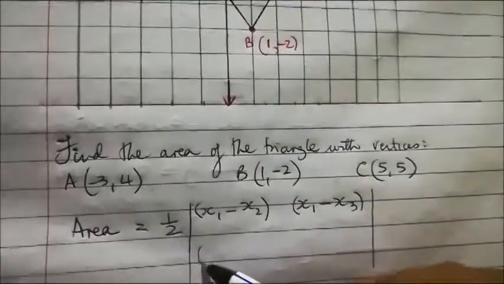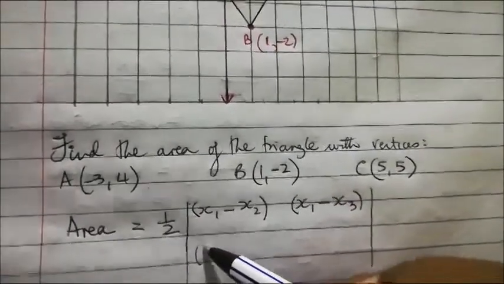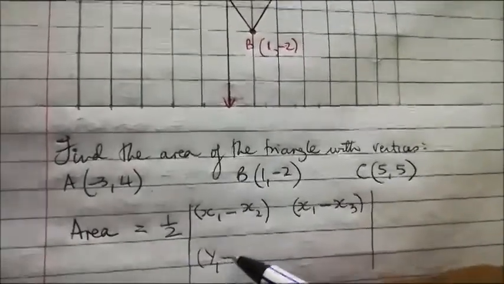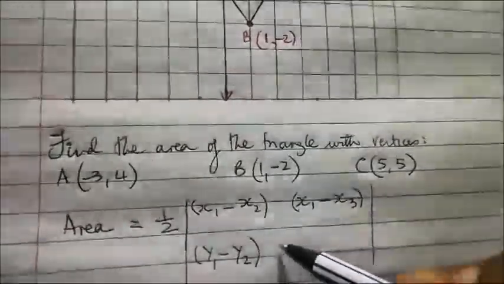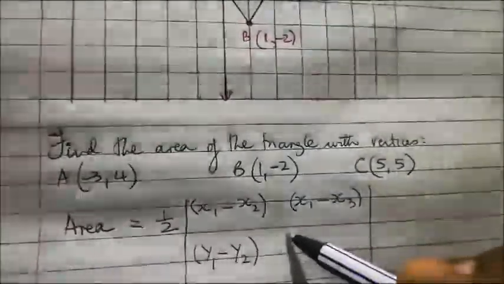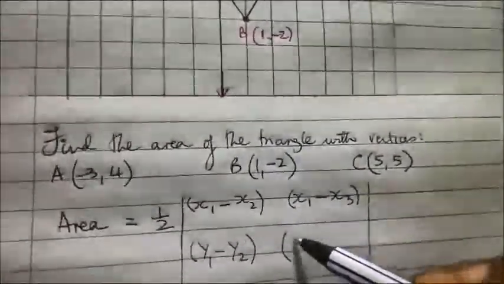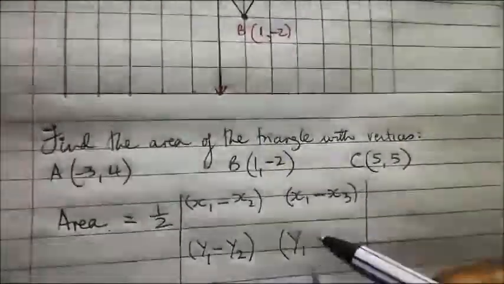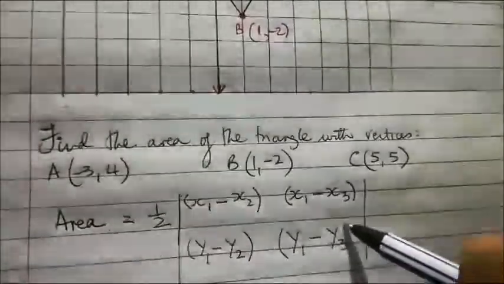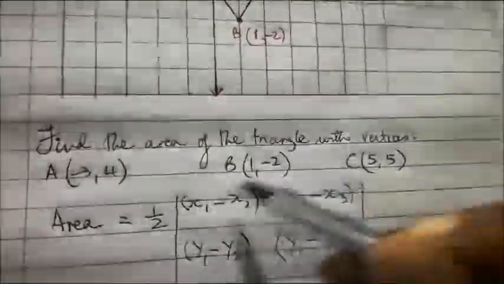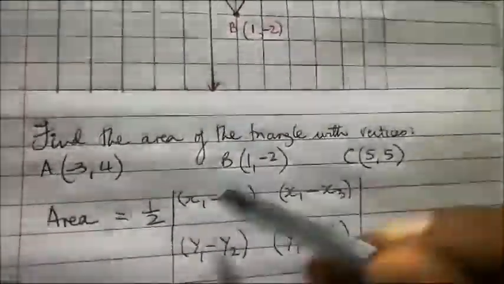So the second one is going to be y1 minus y2, and y1 minus y3. So this setup is called the determinant, right?